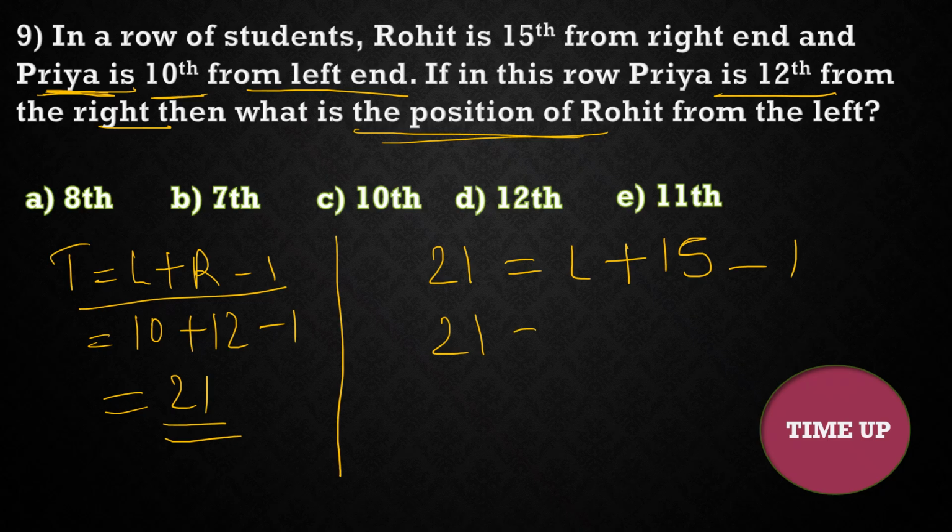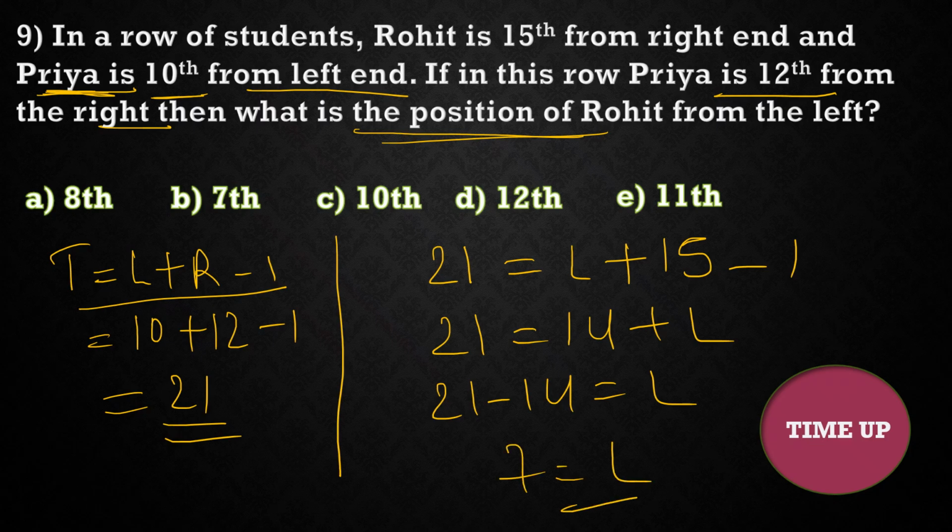So 21 equals 14 plus L. So 21 minus 14 equals L. That gives you 7 as left hand. So the position of Rohit from the left is 7th. So B is the correct one. I hope you got this. It's very easy. You only need to use one formula, and there you only need to exchange the numbers and solve. Okay.